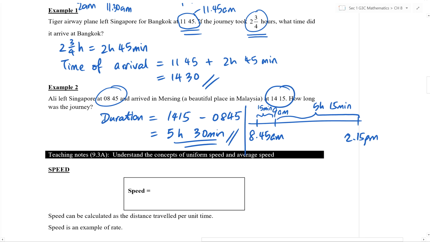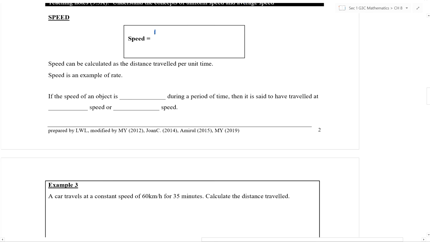Next, for speed. Speed is given by distance traveled over time taken. So since we are comparing two different quantities, one is distance, the other is time, this will be rate.